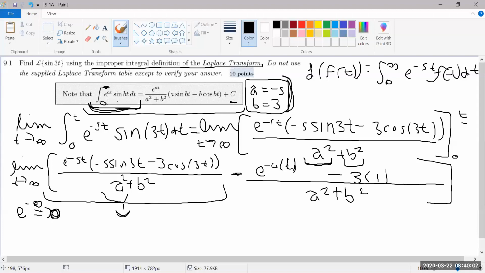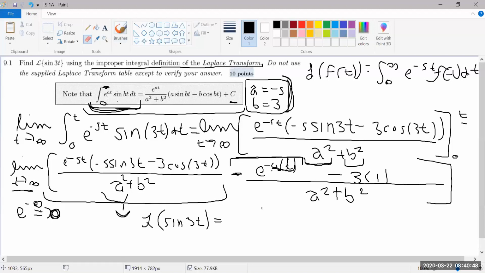So applying all these to infinity, obviously this term goes to 0, so we don't actually have any t terms to apply the limit to in the second one. So all we have is the Laplace transform of sine 3t equals, and keep in mind this term goes to the bottom because it has a negative exponent.